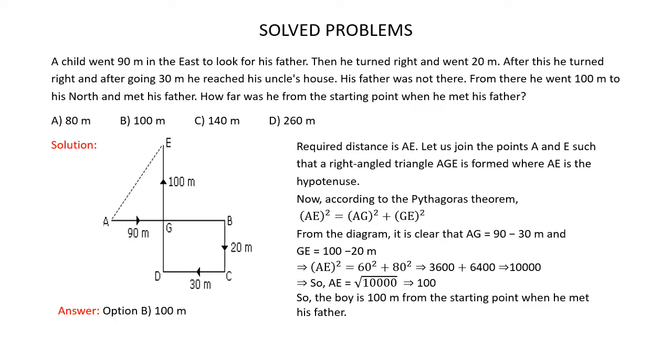You are given 4 options here and you have to find out which of these options is the correct one. Now to solve this problem, first let's draw a diagram for the information given in the question.